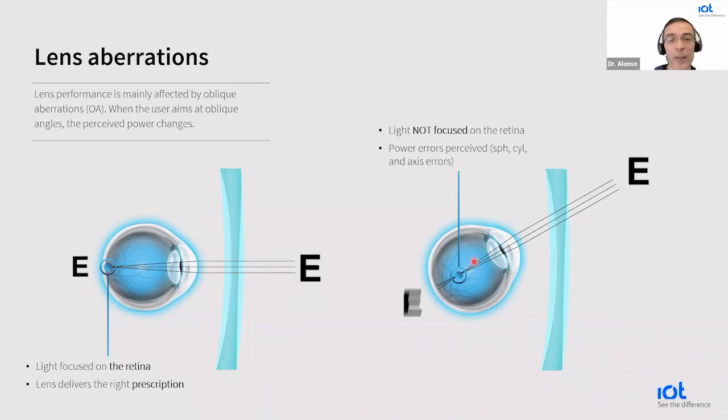But when the eye rotates, the lens has an effective different power, and then the retinal image gets blurred. Okay, this is the main problem affecting ophthalmic lenses, and this is what we call oblique aberrations.